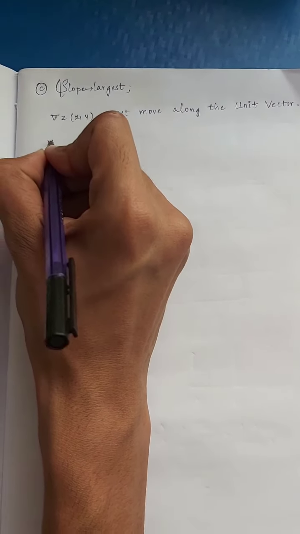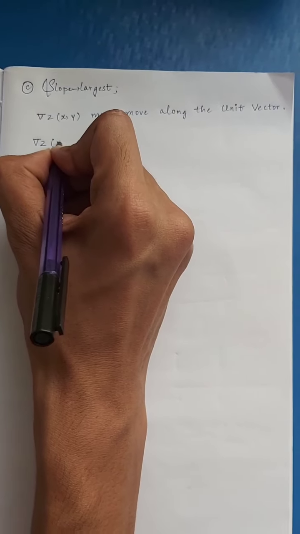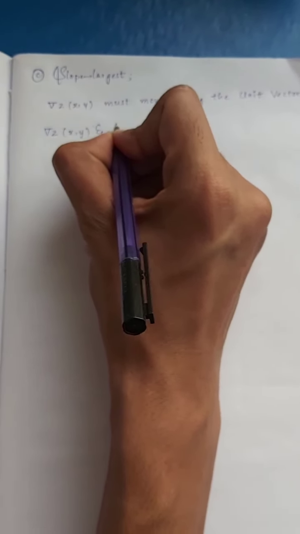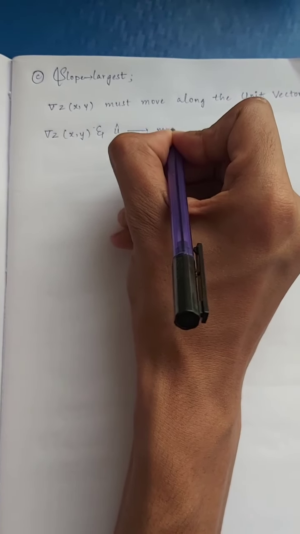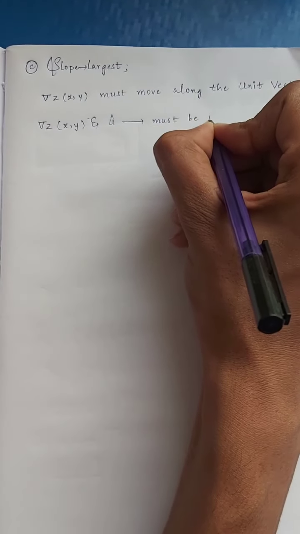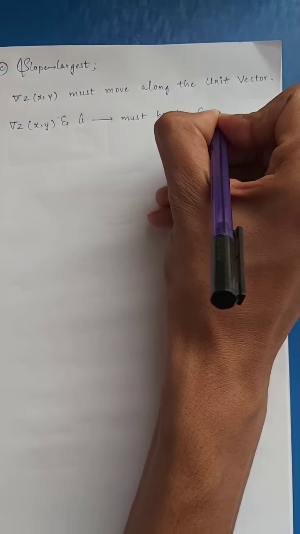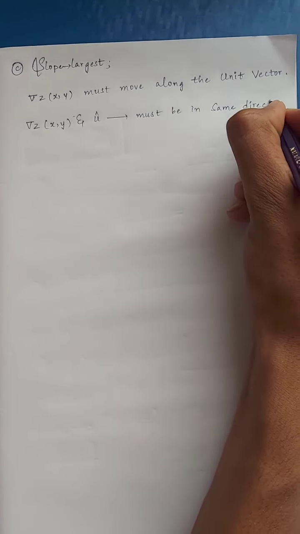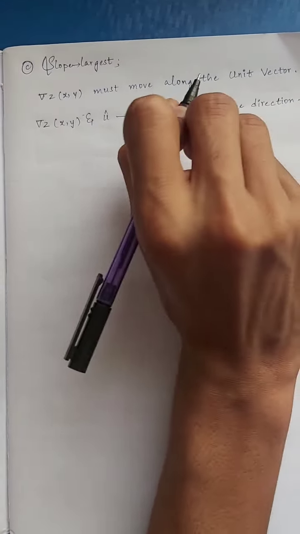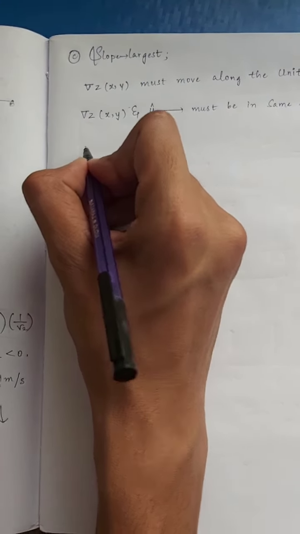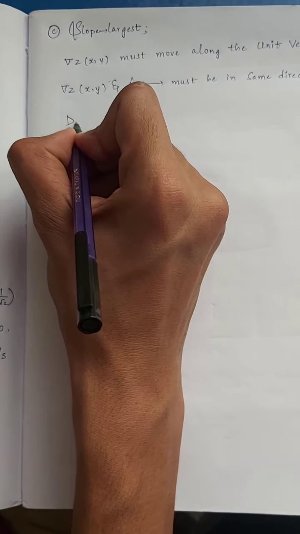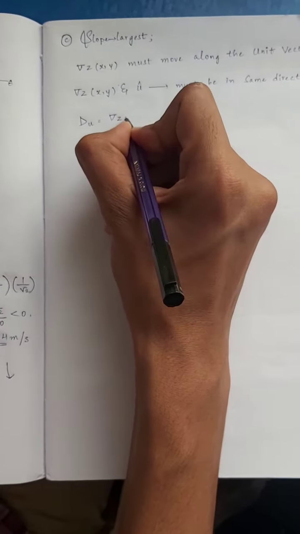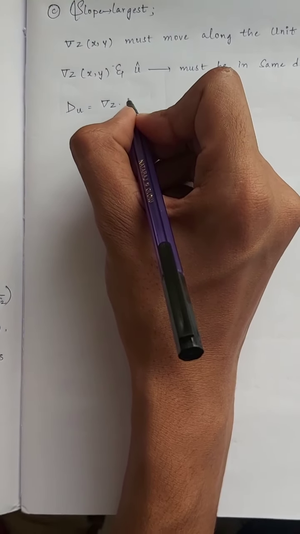So it means delta z and the unit vector must be in the same direction in order to get the slope as the maximum. So here let us first find the directional derivative, which is equal to delta z dot the unit vector.